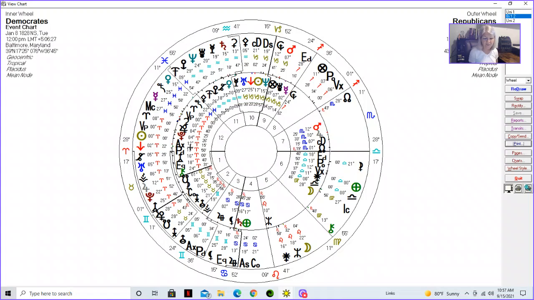The other aspect that I really thought was pretty interesting was that Pluto, we're going to find Pluto here at 22°52', is very close to the Aries point. And it is, and we know this from our last charts, in the Aries point or the sun axis of the Republican Party. So it is a power play, manipulation type of situation.